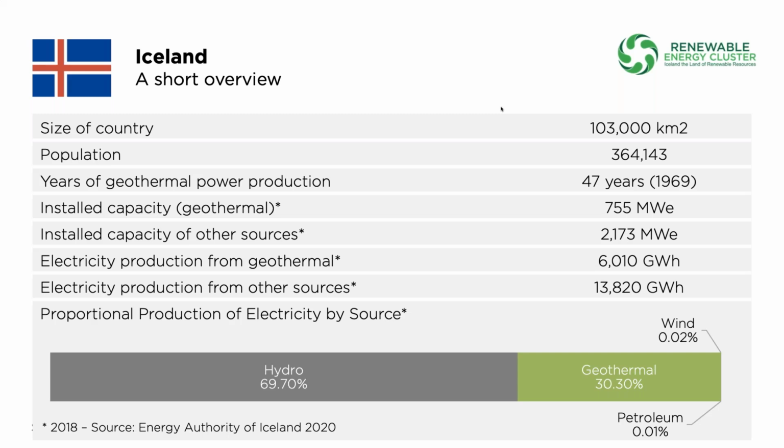So geothermal is really not that dominant in the context of electricity. Here, hydropower is the largest resource. But what is important to say is that geothermal power production in Iceland has been operating for the last 47 years. So it's a long history.